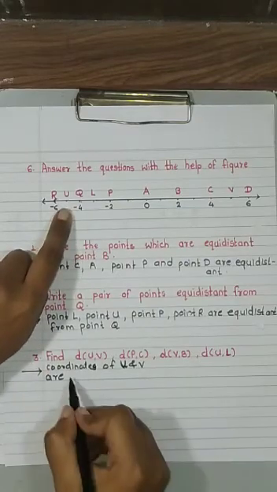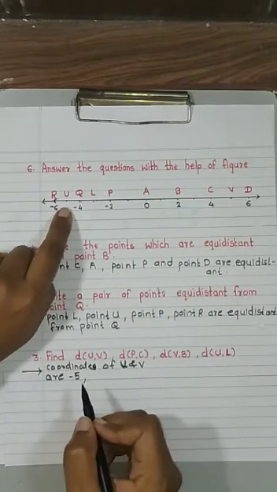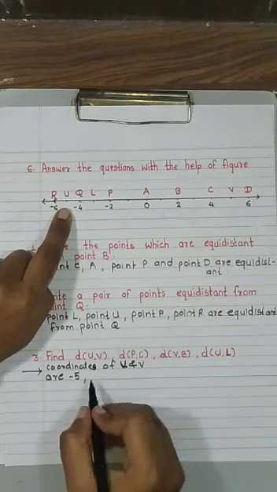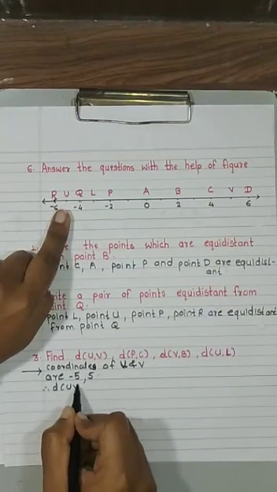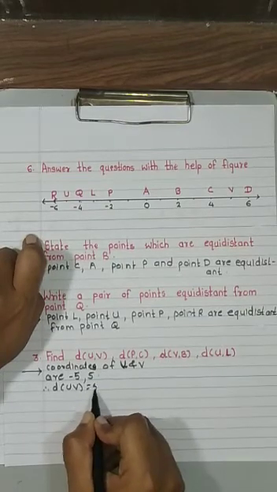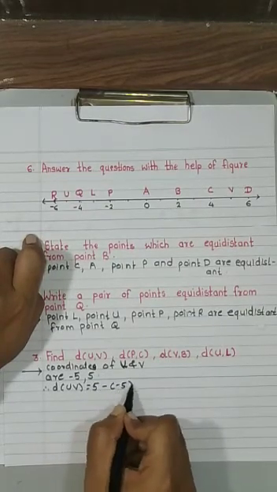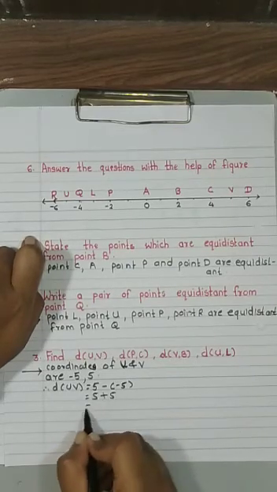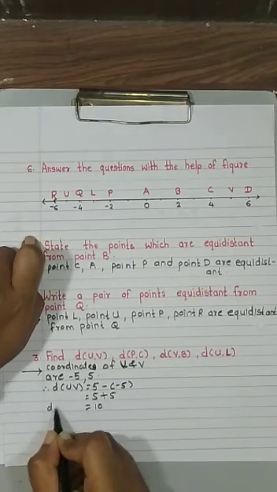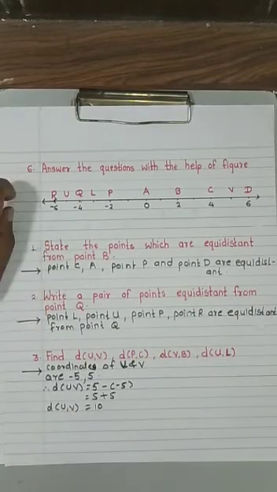U is -5 and V is +5. Therefore distance UV is equal to 5 minus -5. That is 5 plus 5, which is 10. Therefore distance UV is 10.